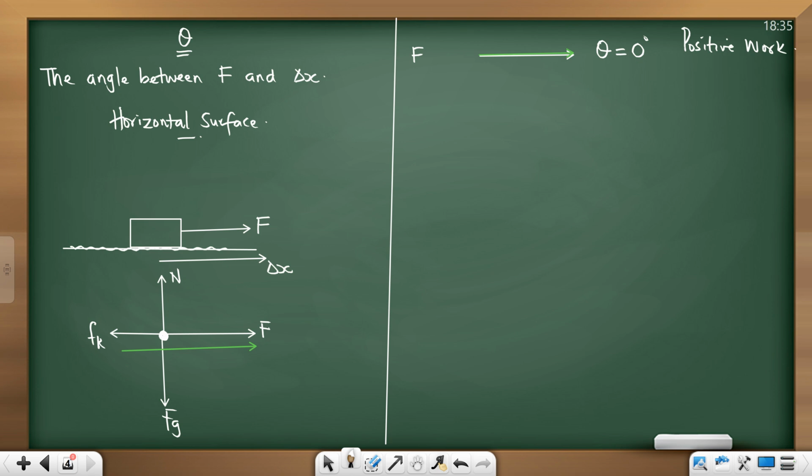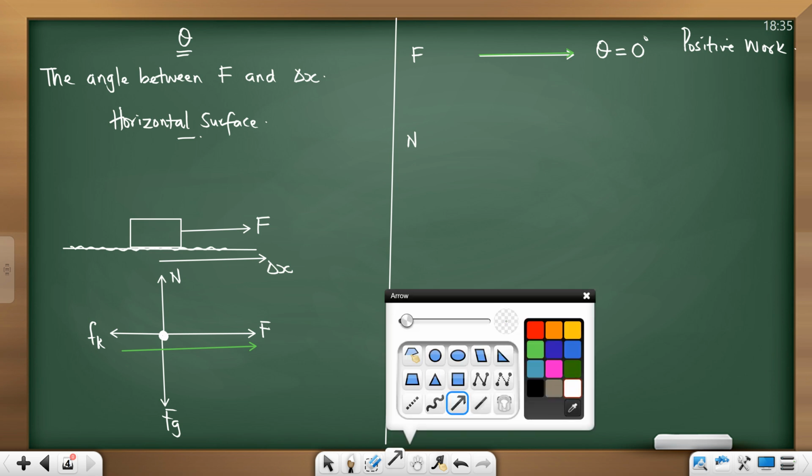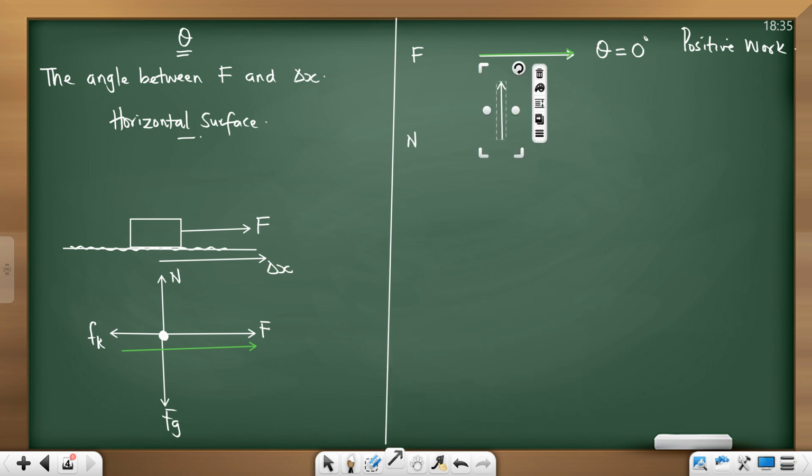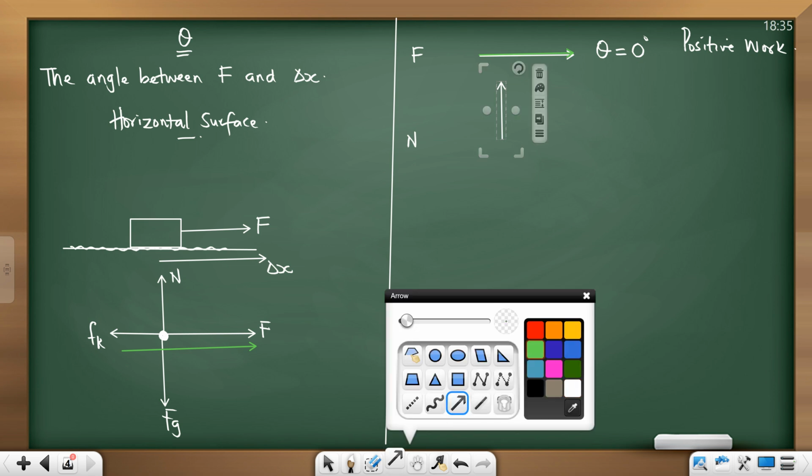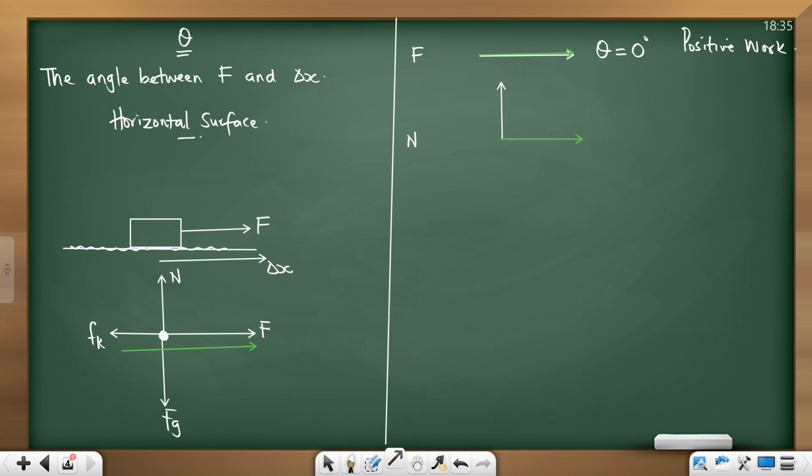Let's look at normal force. I'm using white for my forces, and I'm using green. Normal force. What can you tell me? The angle between them, 90 degrees.